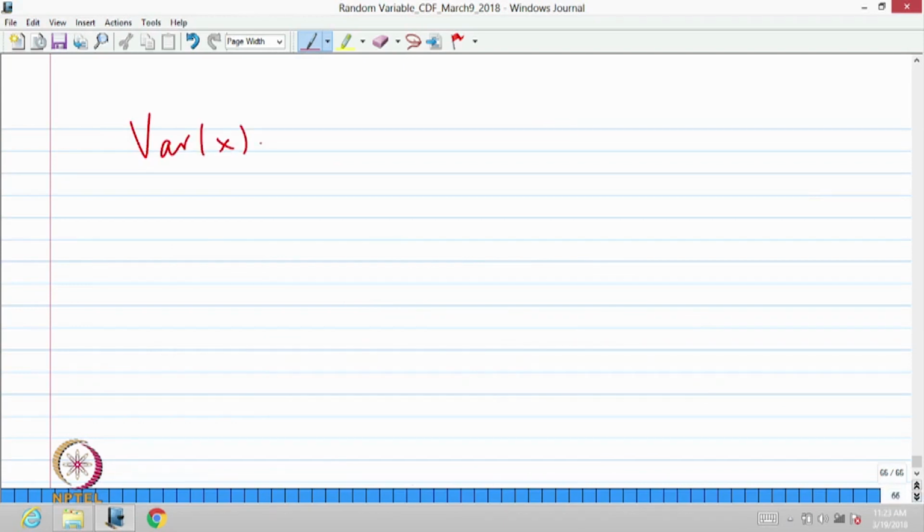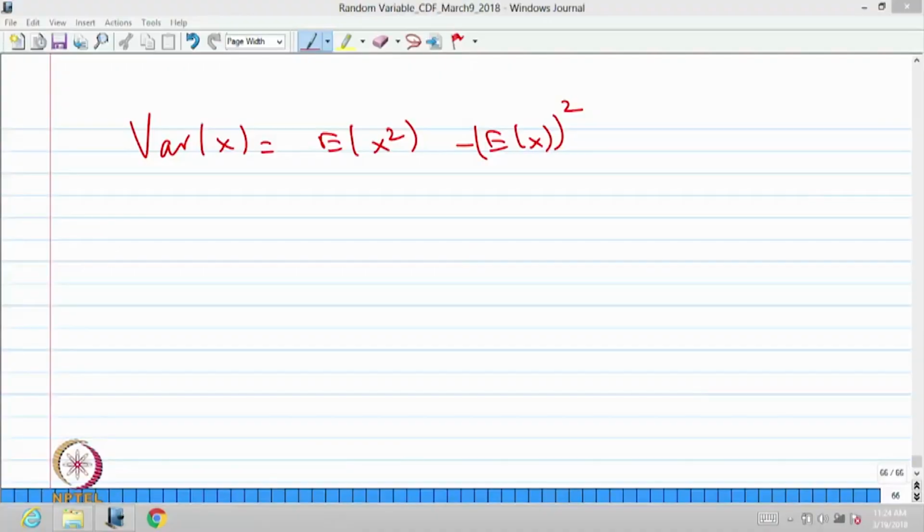The variance of X can be found either by using the definition, for which you have to find the expectation of X square, and since you already know the value of expectation of X, you can substitute it, or you can take the second derivative of the MGF and get the variance. With a little simplification, the variance of X is going to be np into 1 minus p.